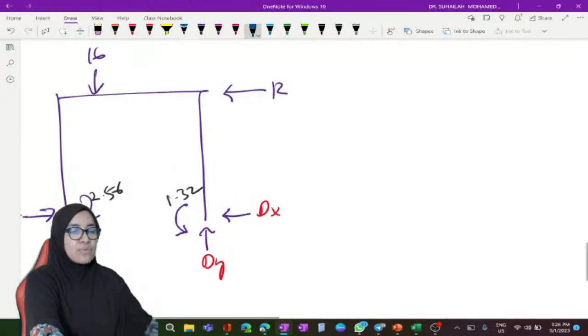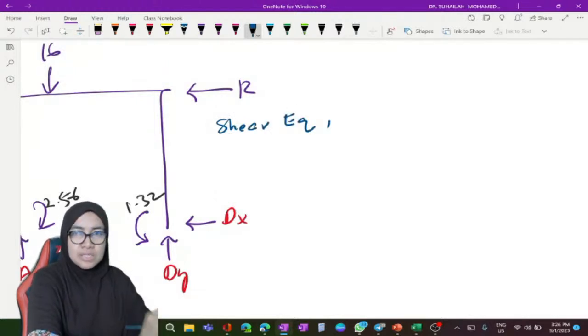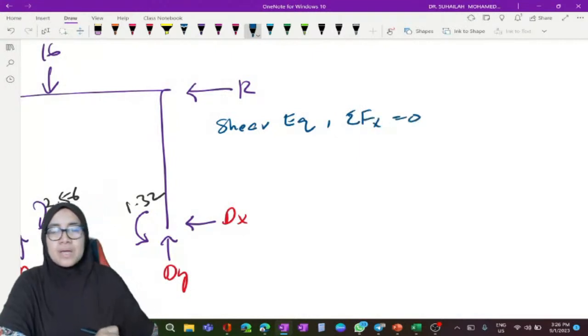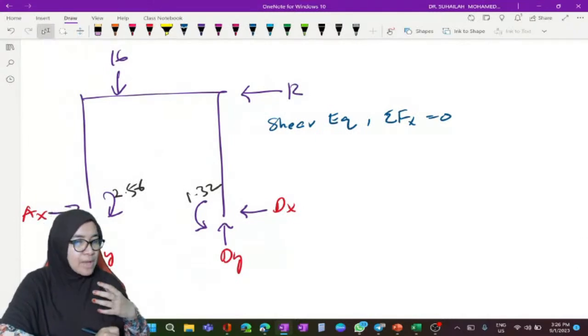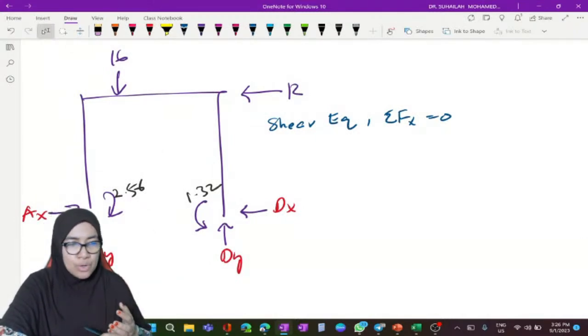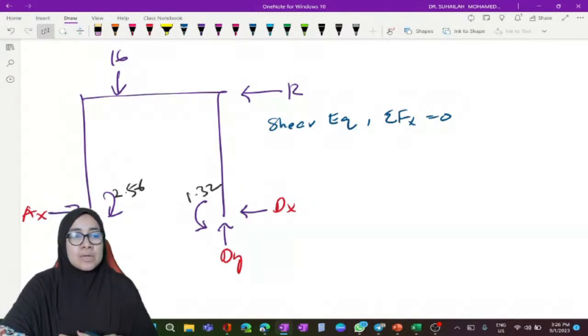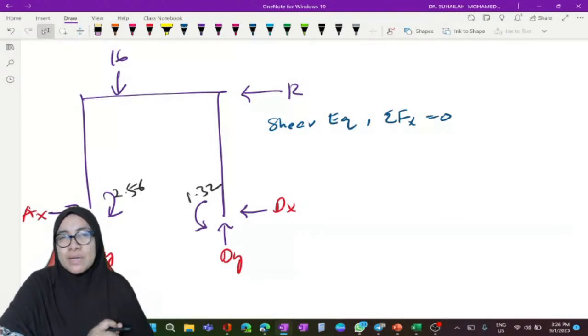So we have to have the shear equation. The shear equation is total Fx is equal to 0. So what we should do is write an equation based on total Fx equal to 0, referring to the free body diagram.